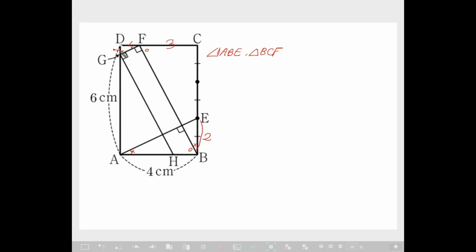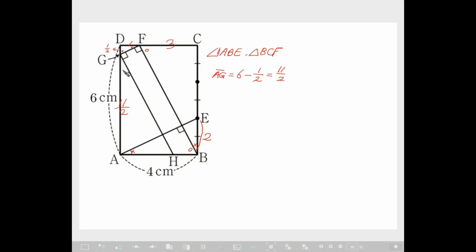So here is 1 over 2. Then AG is 6 minus 1 over 2, which is 11 over 2.